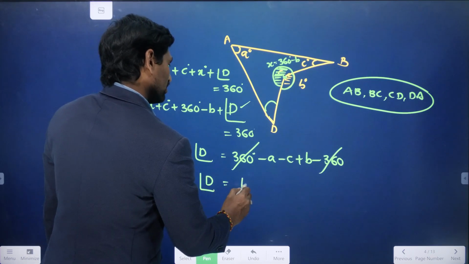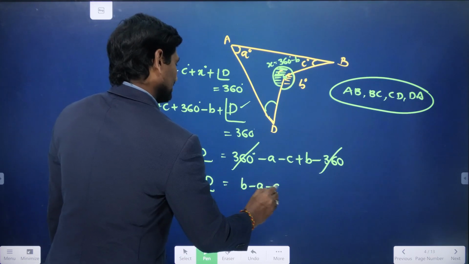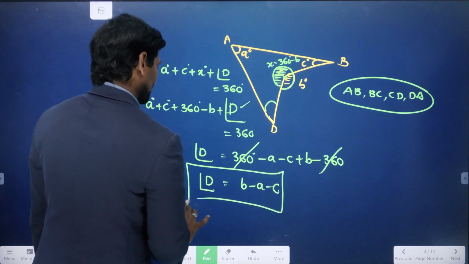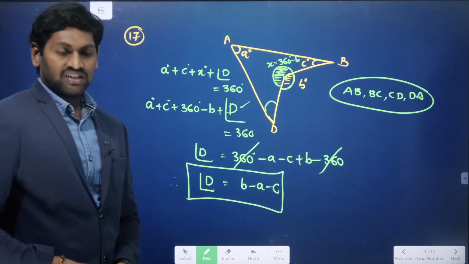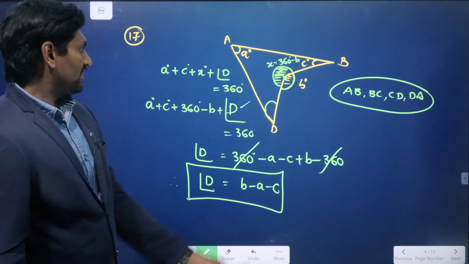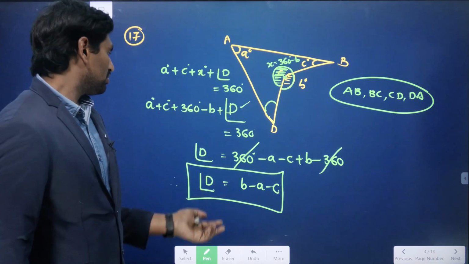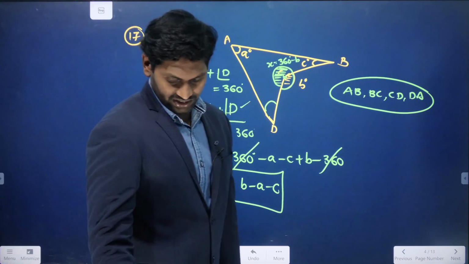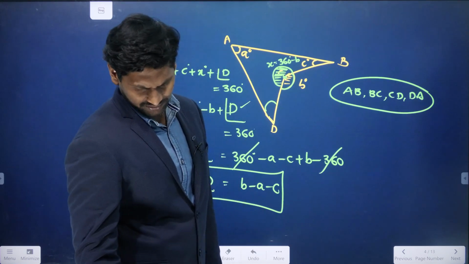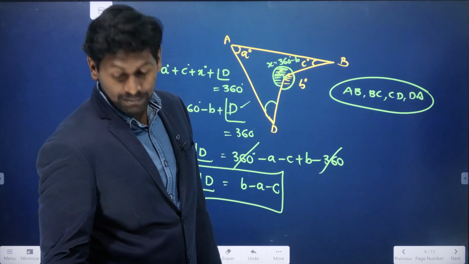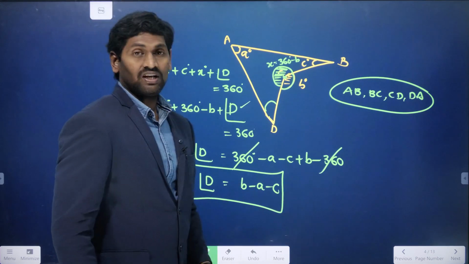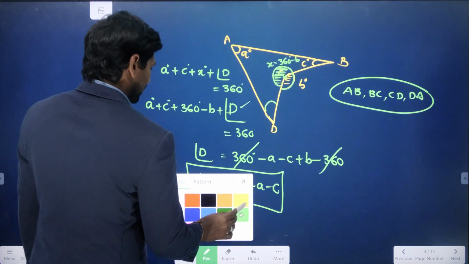Now angle D equals B minus A minus C. This is our required answer. Okay? Angle CDA equals B minus A minus C. Please check that. So the option is 2. Let us go to problem number 18.